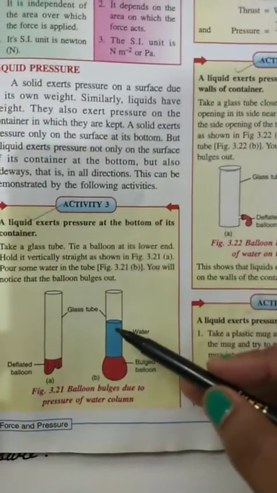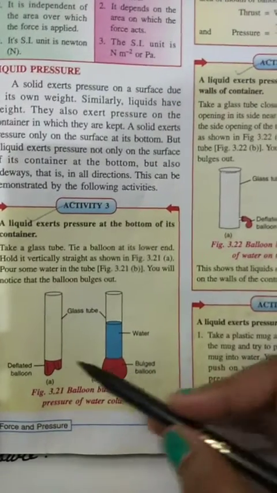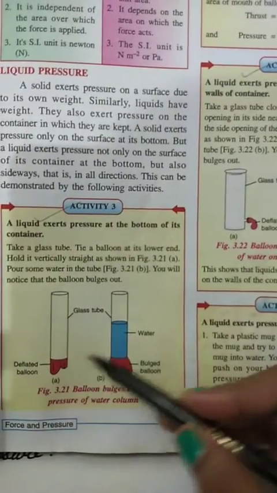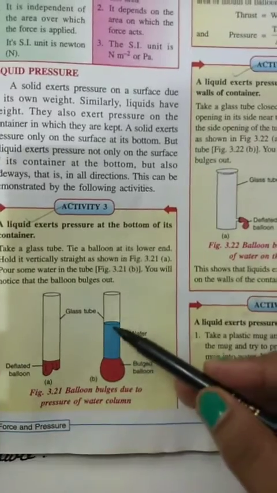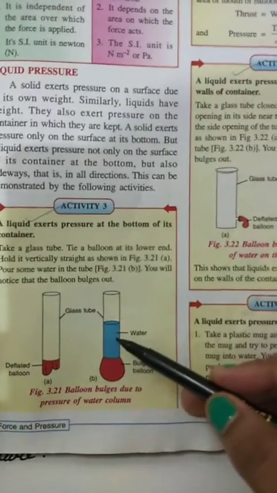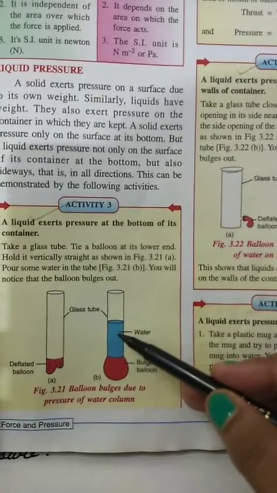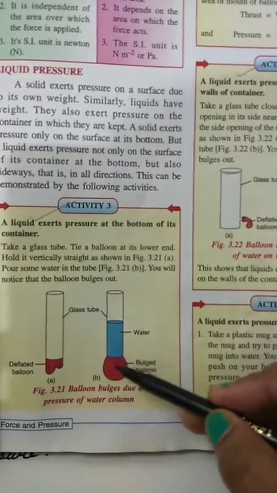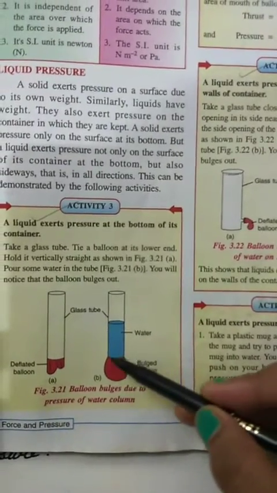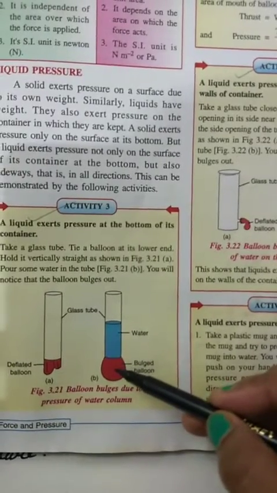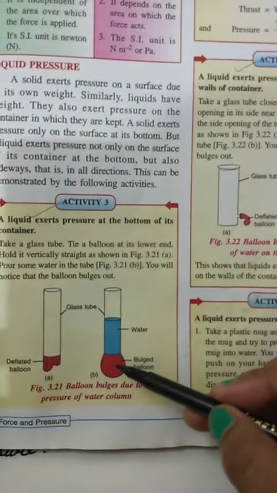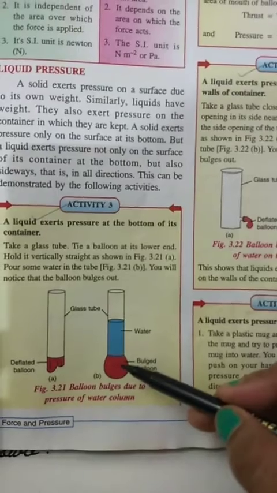You can see this balloon bulged and this balloon is deflated, because we have filled this test tube with water, and because water exerts pressure at the bottom of the vessel, this balloon is bulged or filled with water.